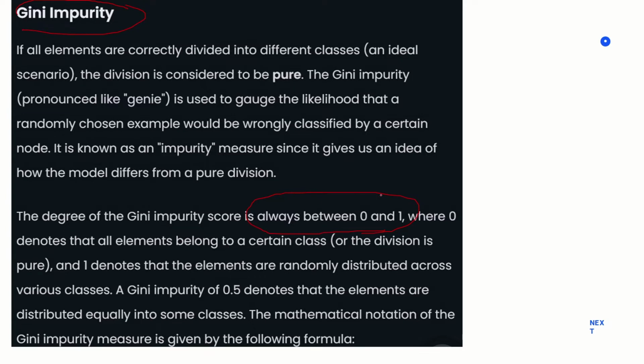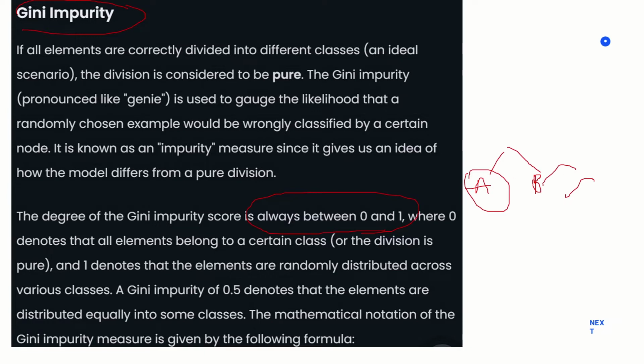That is, whenever we are dividing a data set into a set of parameters, say A and B. So let me draw it. We have two parameters, A and B. We have divided the data set into two branches, and if all the elements belong to class A, we can say it is a 0 degree Gini impurity.